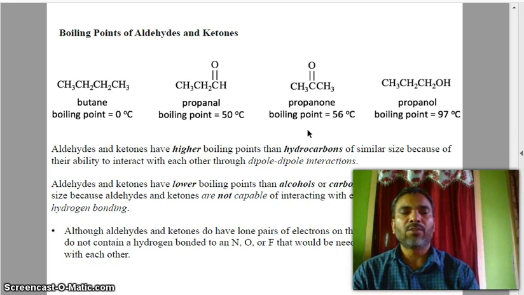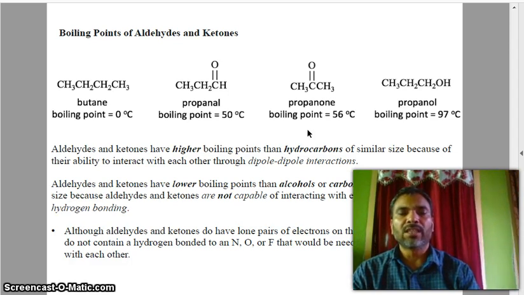Aldehydes and ketones have lower boiling points than alcohols or carboxylic acids of similar size because aldehydes and ketones are not capable of interacting with each other through hydrogen bonds. Although aldehydes and ketones do have lone pairs of electrons on their oxygen atom, they do not contain a hydrogen bonded to nitrogen, oxygen, or fluorine that would be needed for hydrogen bonding with each other.